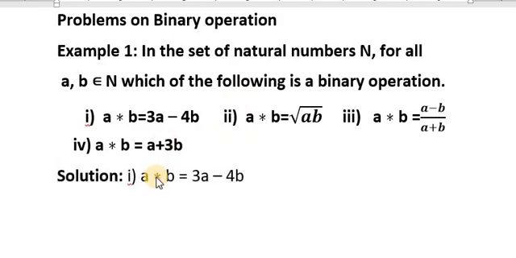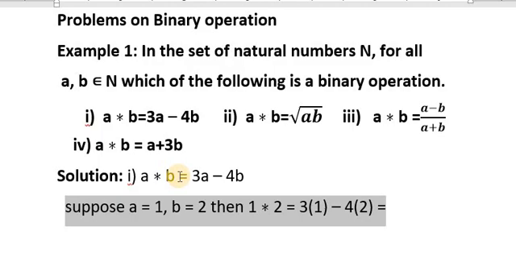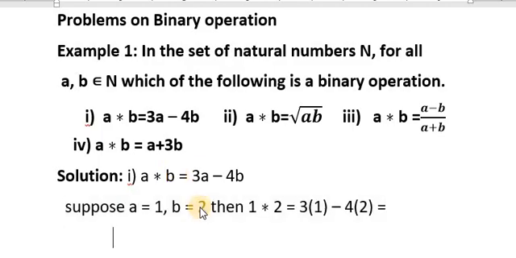Here the first one is a star b is equal to 3a minus 4b. Now to solve this problem, let me consider a and b as two natural numbers. A is equal to 1 and b is equal to 2. Then 1 star 2 is nothing but 3 into 1 minus 4 into 2.